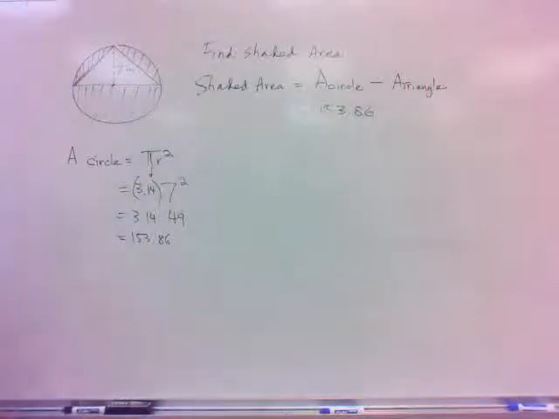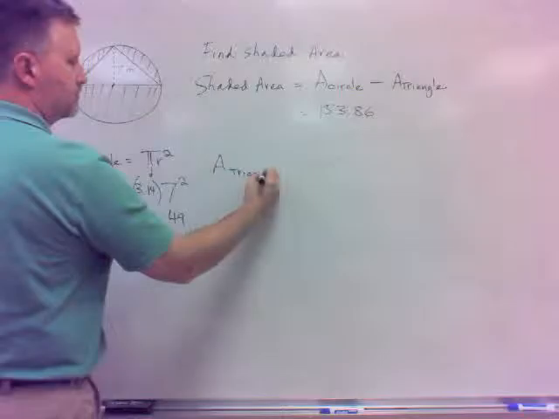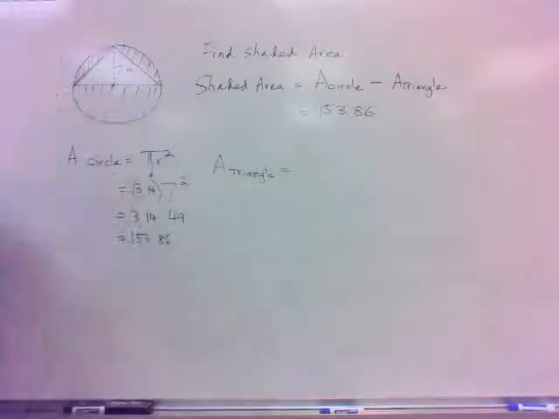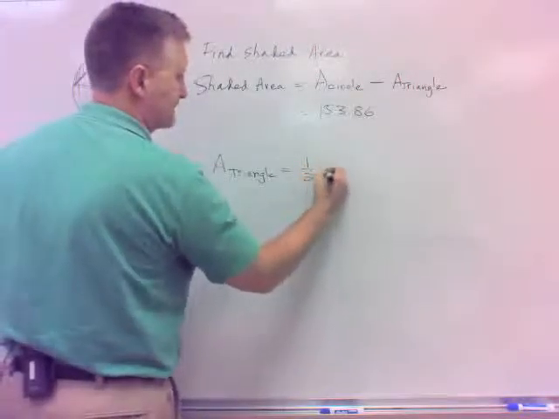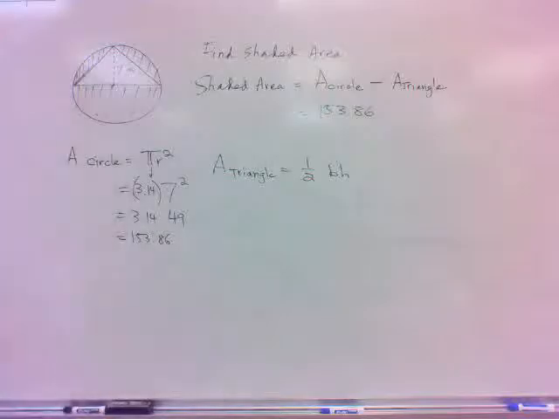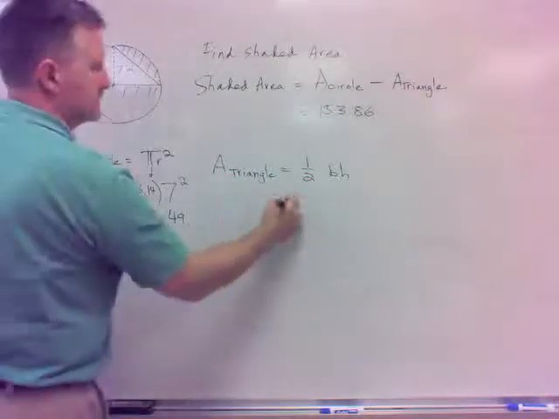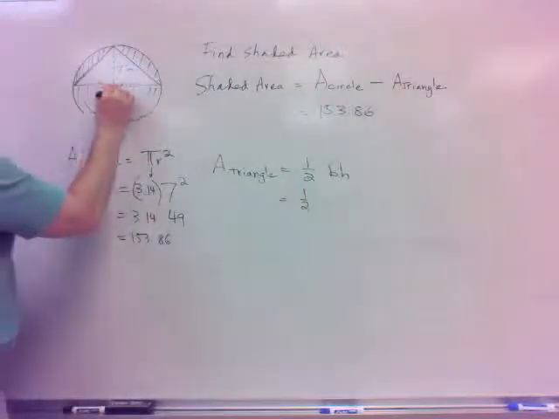What about that triangle? Triangle area, another formula, if you don't know, you need to know. It's 1/2 base times height, yes. Okay, well, what is my base? Well, let's call this the base, huh?